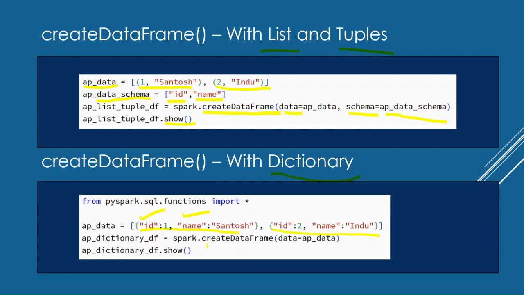Again, I am calling the createDataFrame function, and I am passing only one parameter, that is the data, which we have defined earlier. It is of type dictionary in which we have created two columns, ID and name, and we have populated this dictionary with two objects. Here we are using the show function to display the content of this data frame.